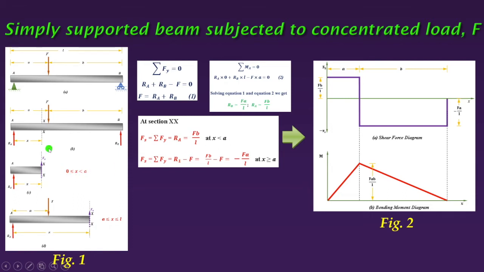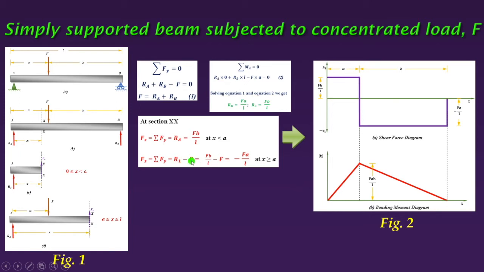But now, when the point x is from here, at x equals a to x equals L, in between these two points, we get another force F. So in the summation of Fy, we get R1 as an upward force and F as a downward force, which means minus.